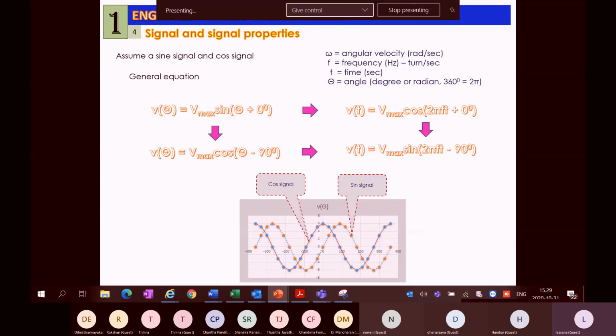What I told was that the sine signal can be made equal to cos by introducing a π/2 phase angle. That is what I told you. That has to be kept in mind very clearly. Therefore, here I don't try to explain these two graphs, as that has already been demonstrated through Excel as well.